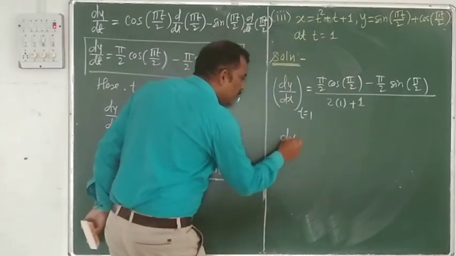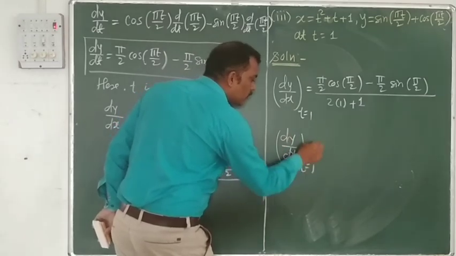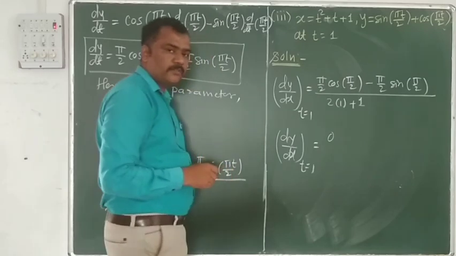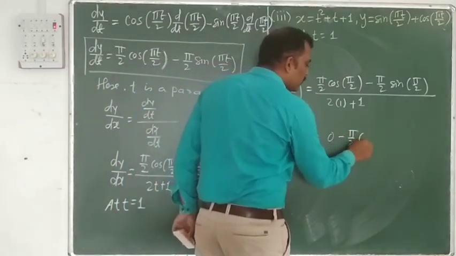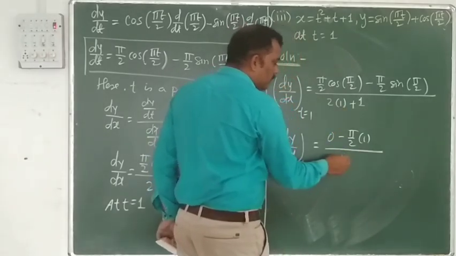So dy by dx at t is equal to 1 is equal to, cos 90 is nothing but 0, 0 into something we get 0, minus pi by 2 into sin 90, which is nothing but 1, divided by 2 into 1 plus 1, that is 3.